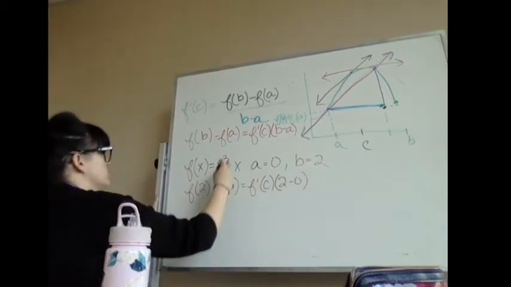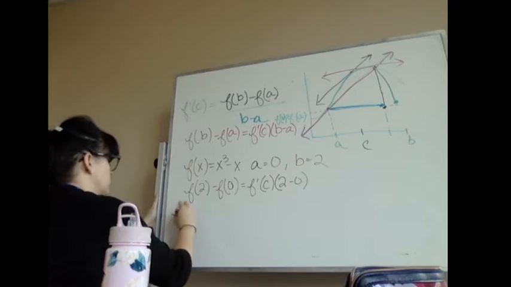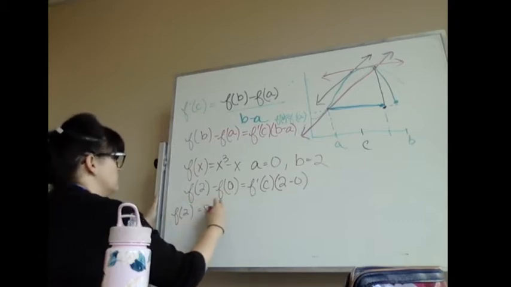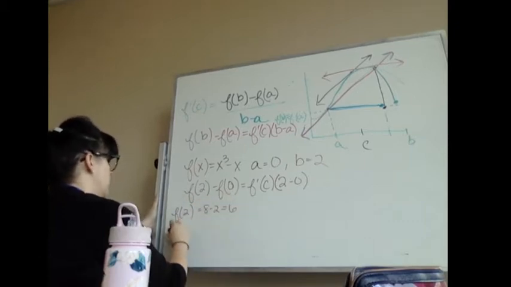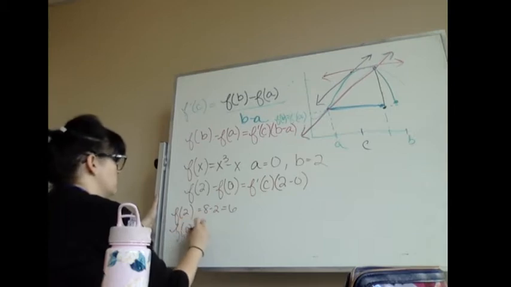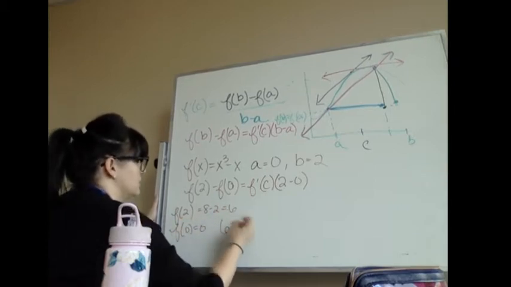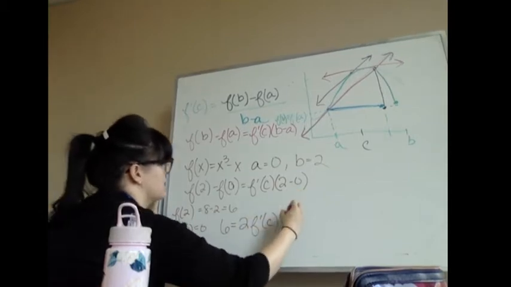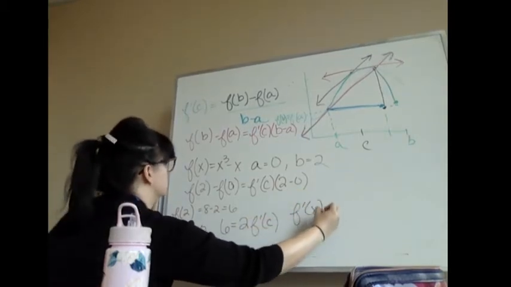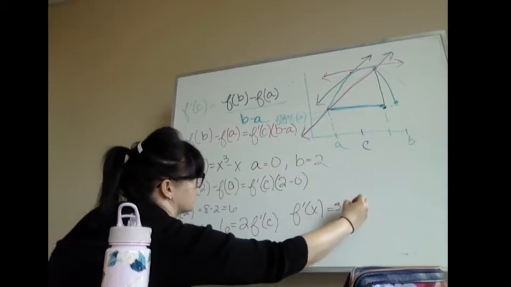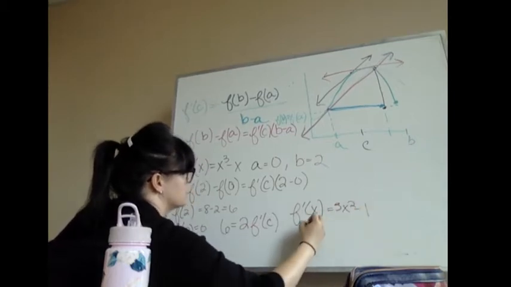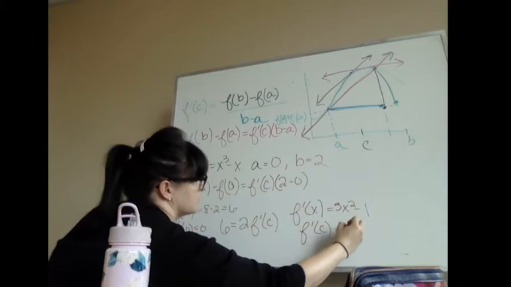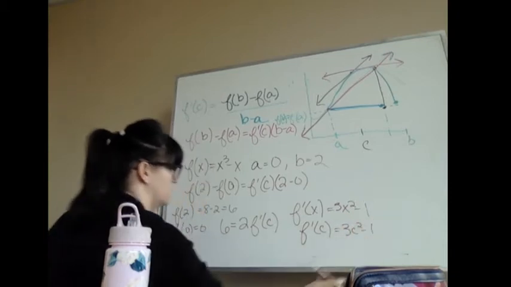So f of 2 just equals 8 minus 2, which is 6. F of 0 equals 0. So 6 equals 2 f prime of c. f prime of x is 3x squared minus 1, so f prime of c is 3c squared minus 1.